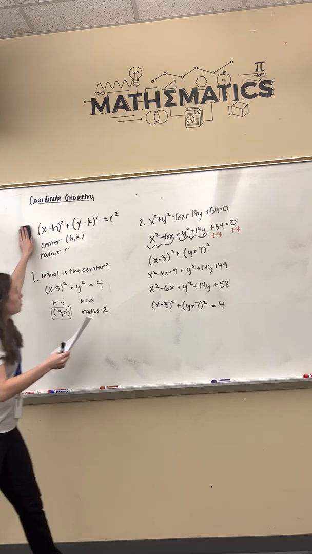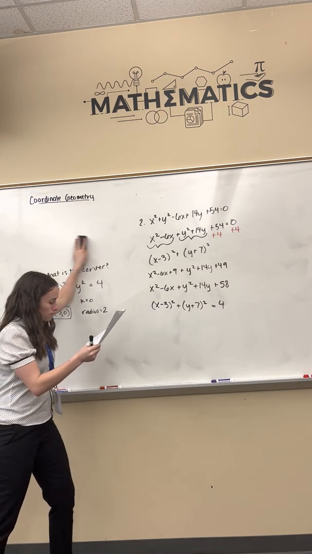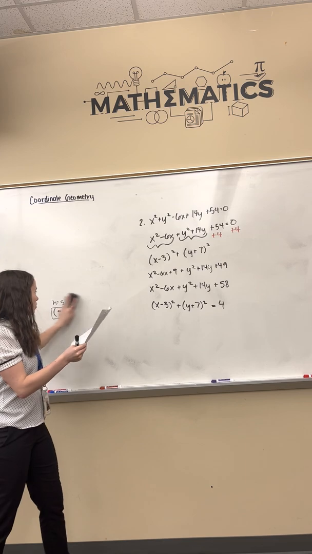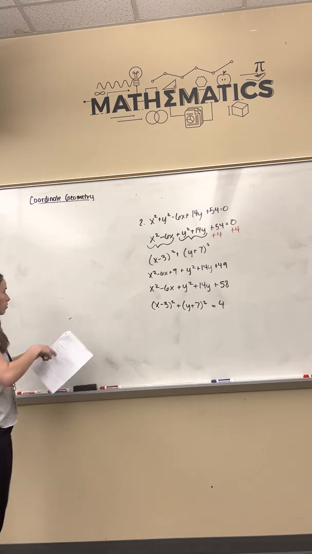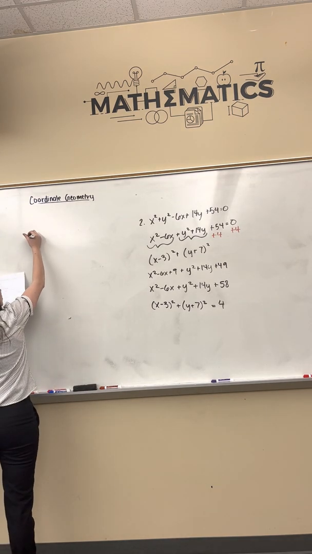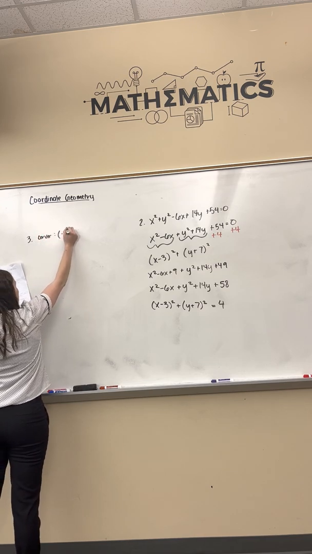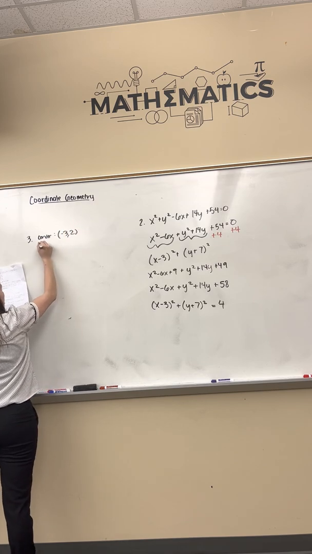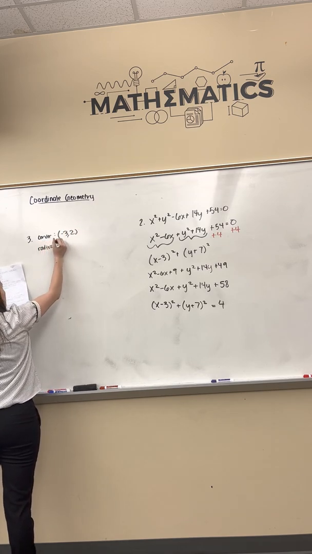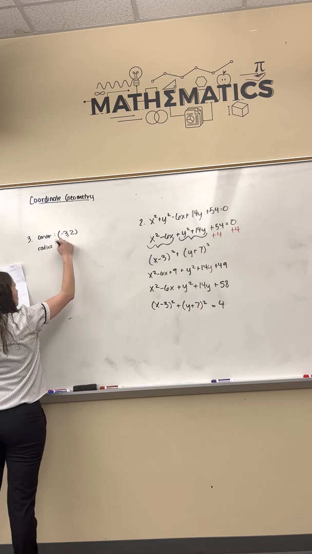Okay, and the next one, we want to think about writing an equation that has a center of negative 3, 2, and a radius of 5.